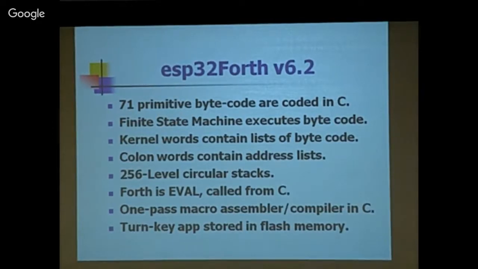Then we can make Forth a subroutine, and the operating system, when it has this string ready, will give eval the address and the length of the string, and eval will do the processing. And when eval finishes this string, it will return to the operating system.